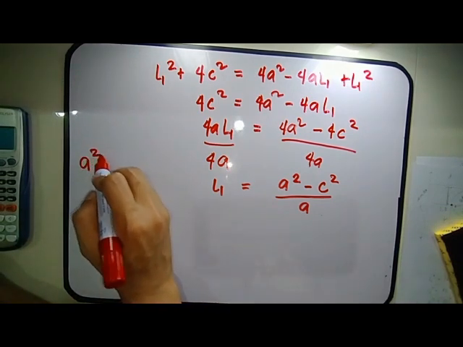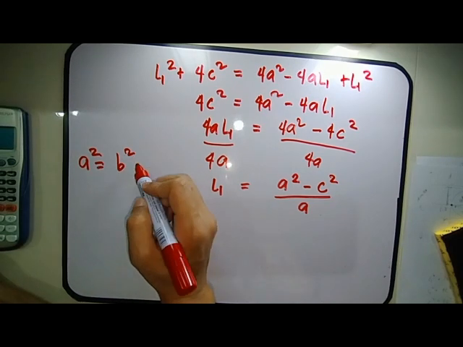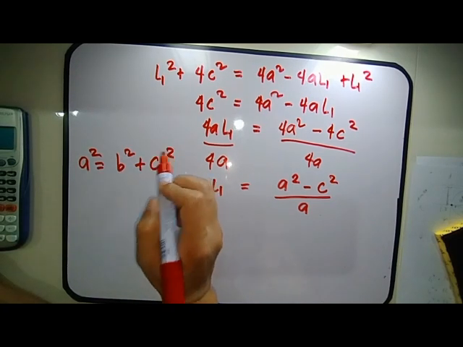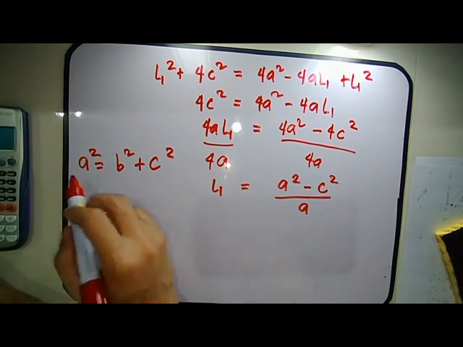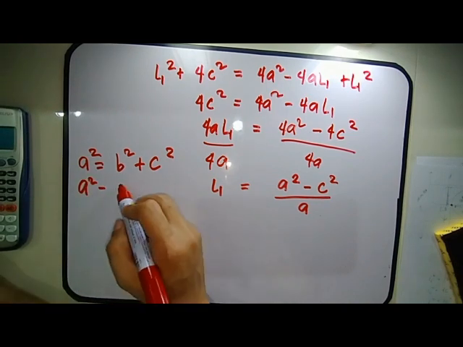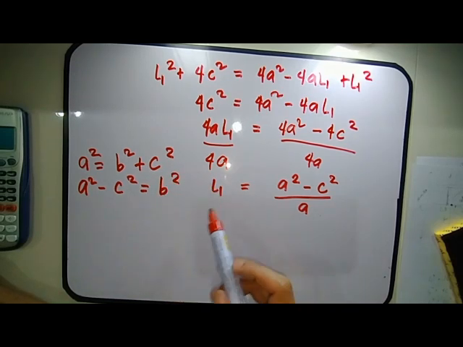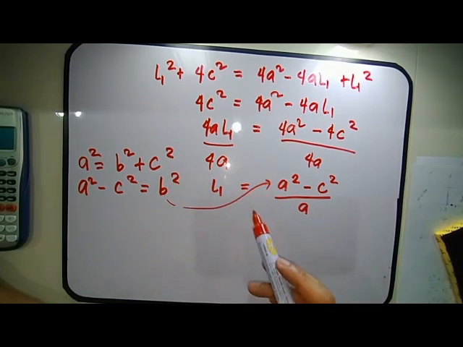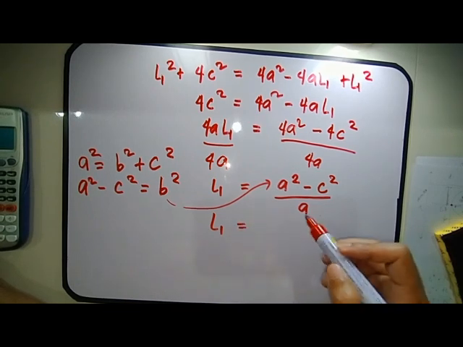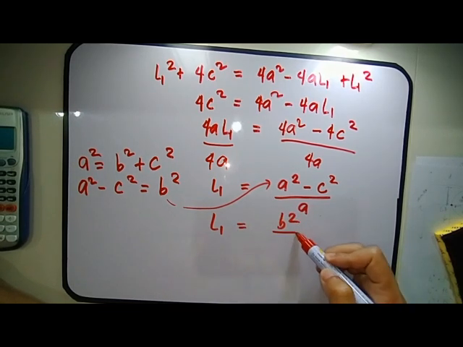So, A squared equals, you have B squared plus C squared. Okay? So, it means that A squared minus C squared equals B squared. So, substitute natin dito. So, meaning L1 is B squared over A.